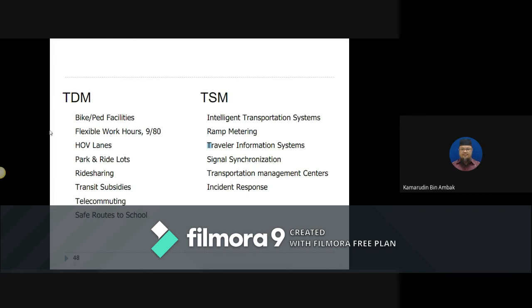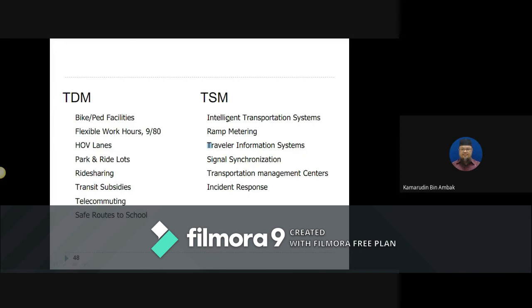They focus on high occupancy vehicle lanes for those who carpool or share their vehicles. Providing park and ride sharing is quite similar, but here you use a larger vehicle that can carry more passengers. Transit subsidy as I mentioned just now, telecommuting, safe routes to schools.